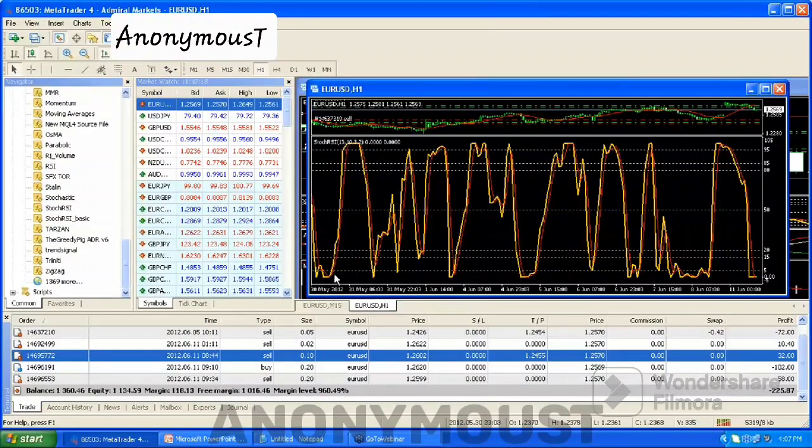So the moment you see this breaching the 80 level, you start being alert. You just wait for it to come down. The moment it goes below 80, you take a sell call. You sell it somewhere over here in the sell zone, somewhere near the 20 mark.